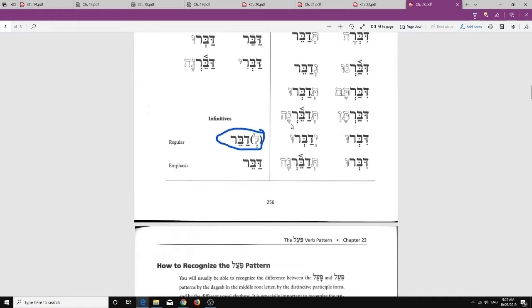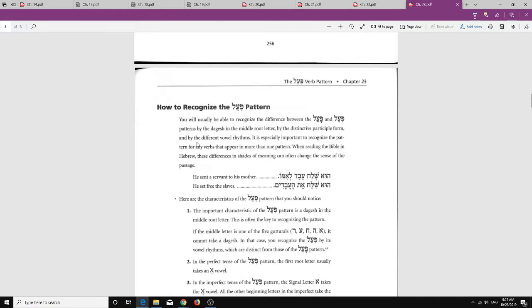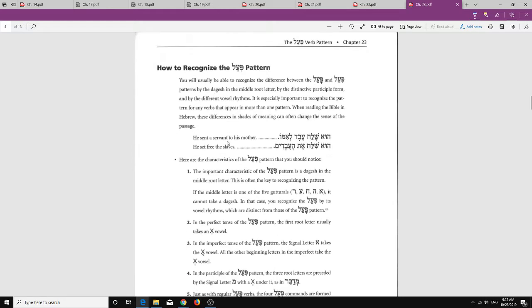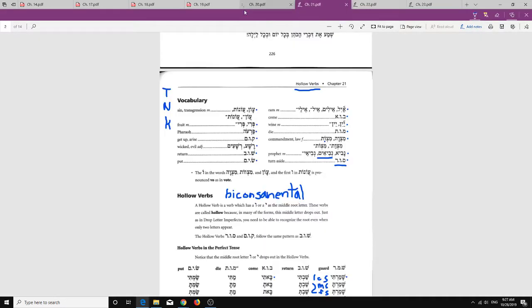We've talked about that as we went through this chart, but let's see what the author has to say. The primary ways the author gives us are the dagesh in the middle root letter and the distinctive participle form with that mem shava, and we actually see that. Is that in chapter 21? Yep.